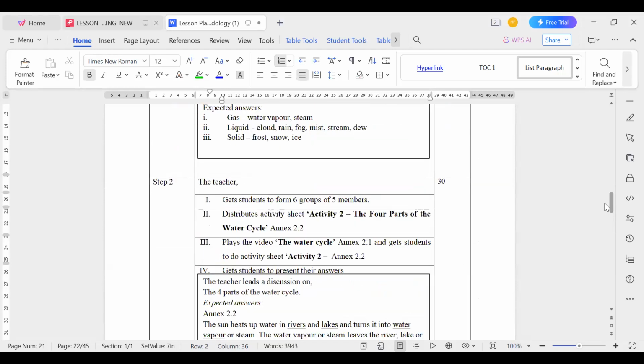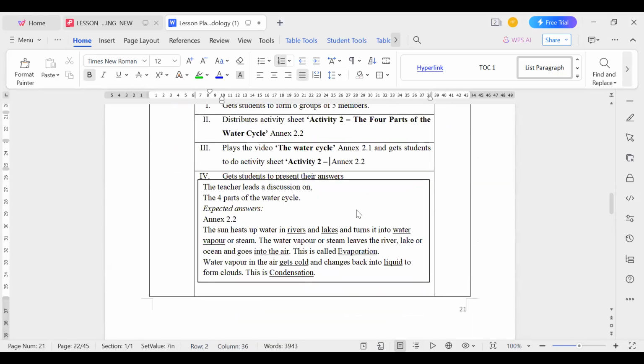You can see she says complete the text here. Now this is the activity given. The sun heats up water in rivers and lakes and turns it into water vapor or steam. The water vapor or steam leaves the river, lake or ocean and goes into the air.